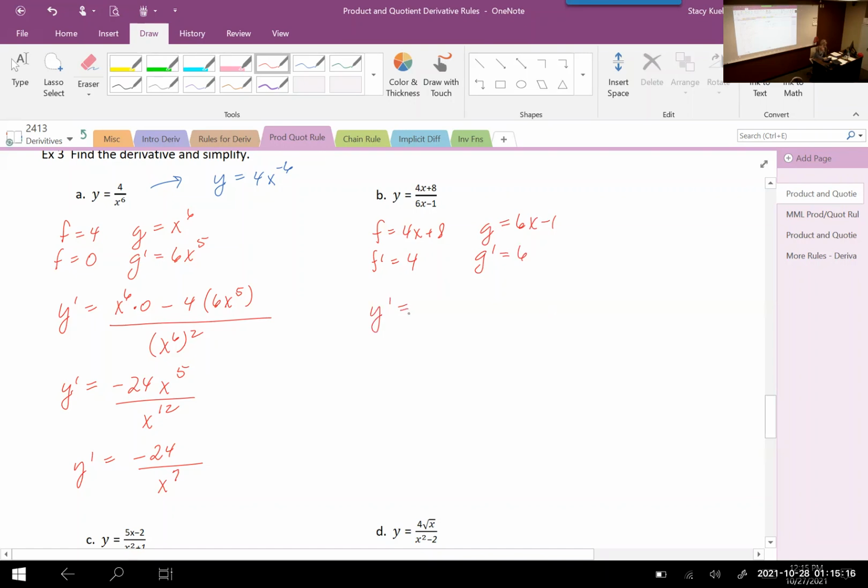So putting this back together, we would have low D high, 6x minus 1 times 4, minus high, 4x plus 8, D low, times 6, all over 6x minus 1 squared.